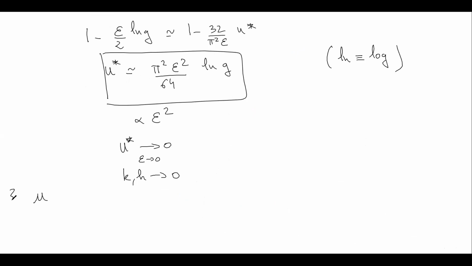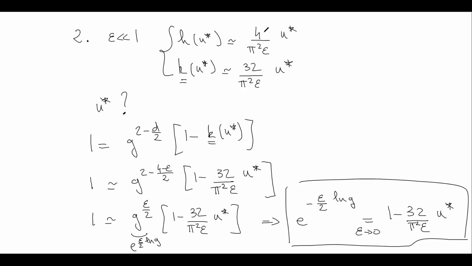So this is the third part. Mu is equal to this quantity. But what is good is that I know h star from Gabet and Garel. So h star was provided here. It's 4 pi squared epsilon u star.